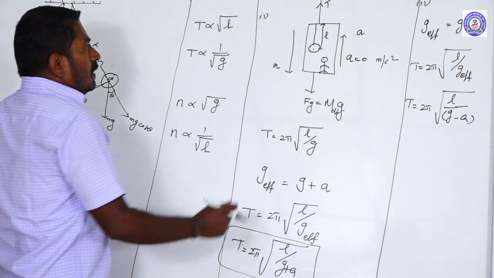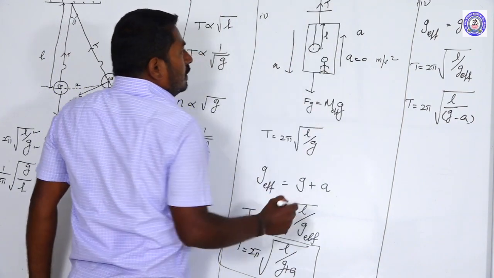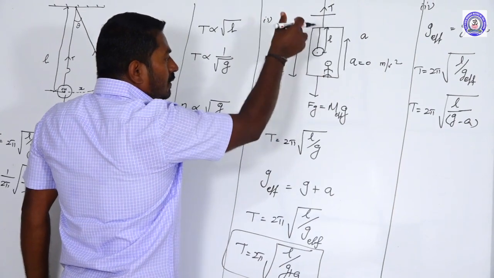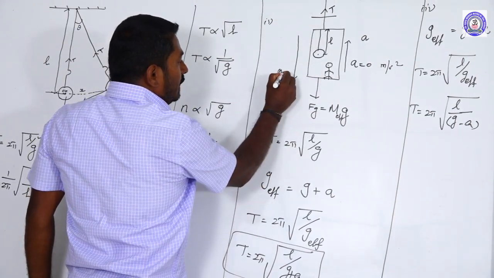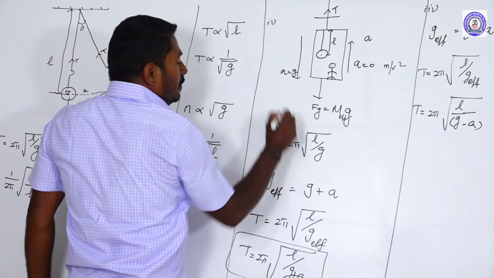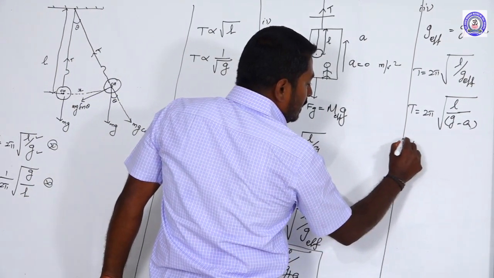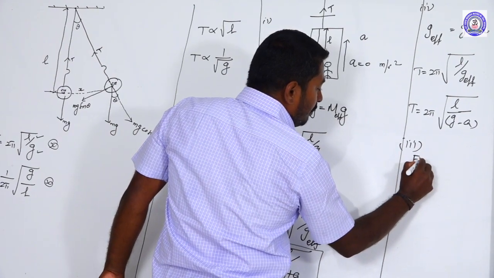Now the rope is cut. The entire lift is falling freely in the vertically downward direction with an acceleration equal to the acceleration due to gravity. This is the third case, freely falling bodies.